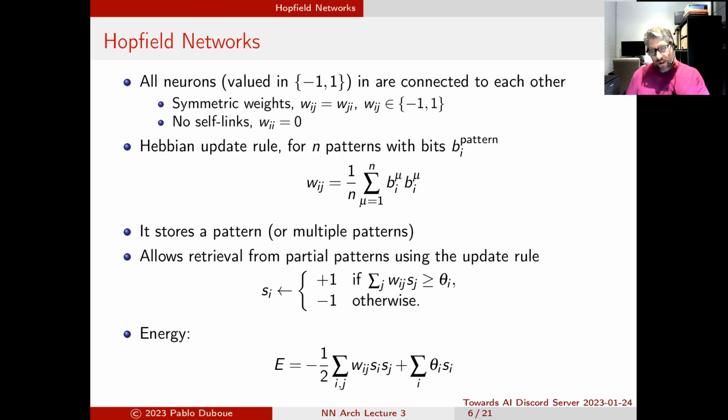And using this update rule, you say, okay, when I store one pattern, I have these two bits that are firing together, then I'm going to update the synaptic weight between these two neurons to reflect that situation, that these two neurons are normally firing at the same time. And likewise, if they are not firing at the same time, then I'm going to decrease the synaptic weight.